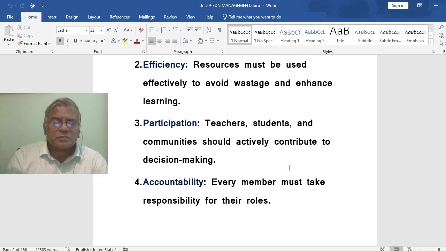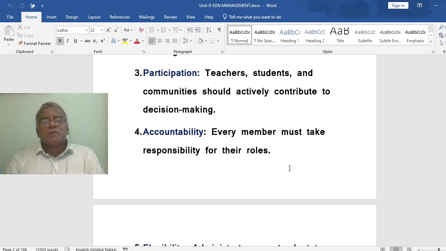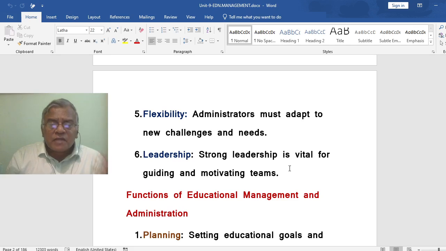These are all the principles of educational management. Then accountability: every member must take responsibility for their roles. Then flexibility: administrators must adapt to new challenges and needs. Then leadership: strong leadership is vital for guiding and motivating teams.